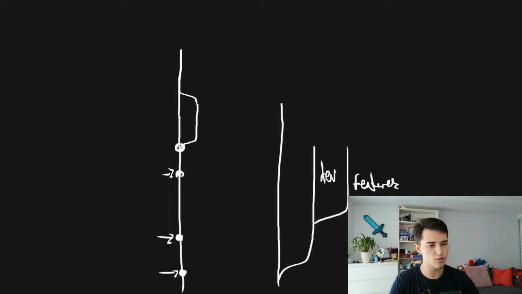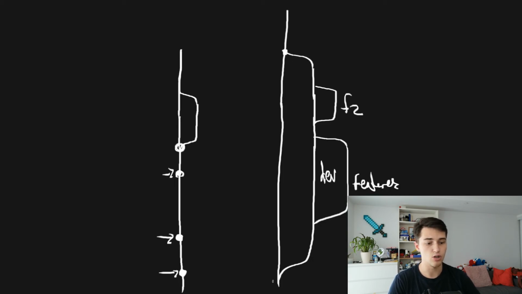But essentially, you'll be doing these features and adding them to the dev branch, testing them, making sure they work. And let's do a couple more features here. There's a feature 2, I'll just do F2. And you're building on this dev branch. And then at some point you say, you know what? It's all working, it's all stable, I'm going to merge back into the master branch. And now you can ensure that your master branch is always working on stable builds.